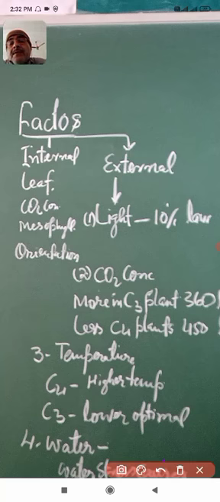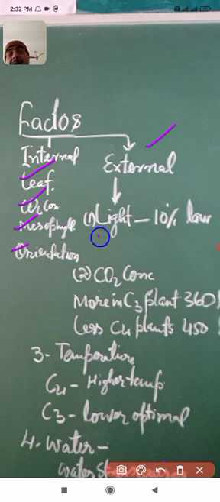So the internal factors are the leaf orientation, internal carbon dioxide concentration, mesophyll, number of mesophylls, number of chloroplasts. These are the internal factors which influence the rate of photosynthesis. But very important are the external factors like light, CO2, temperature and water. One by one I would like to discuss here.